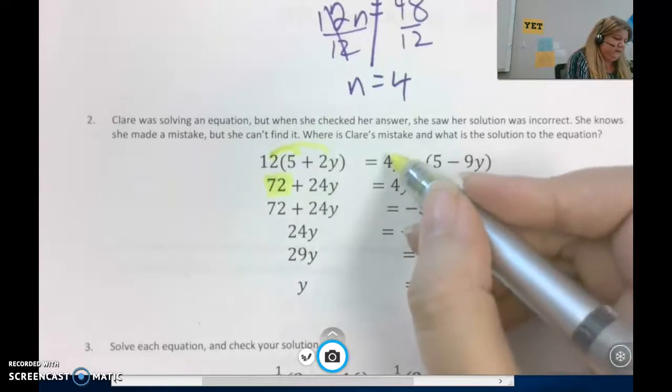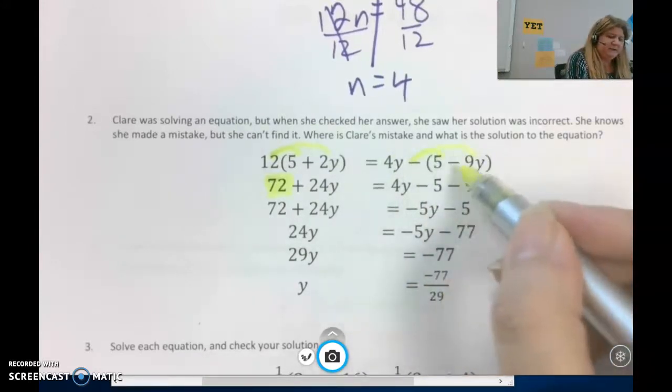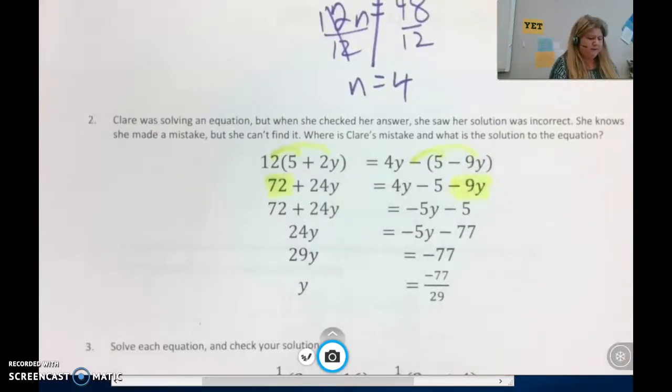Then the opposite of 4y is negative 4y, and the opposite of minus 9y is plus 9y. So we found two mistakes there in that first row.